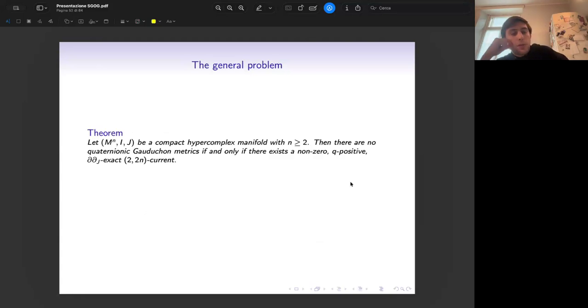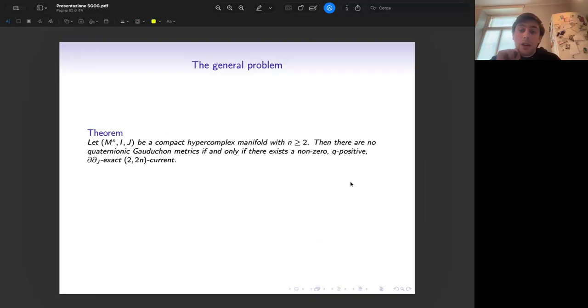And we were able to prove the following criterion using currents. Given a compact hypercomplex manifold, there will be no quaternionic Gauduchon metric if and only if we can build a non-zero Q-positive del-J exact 2n current.